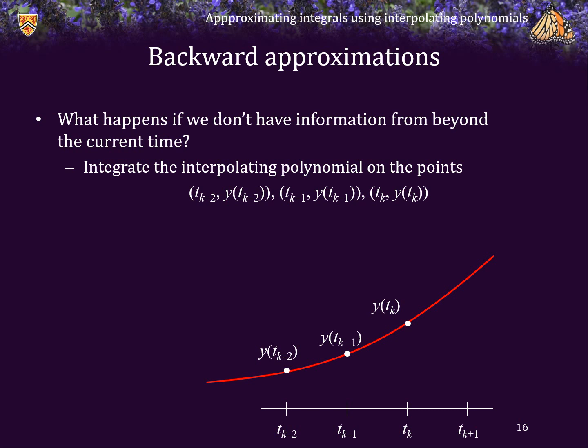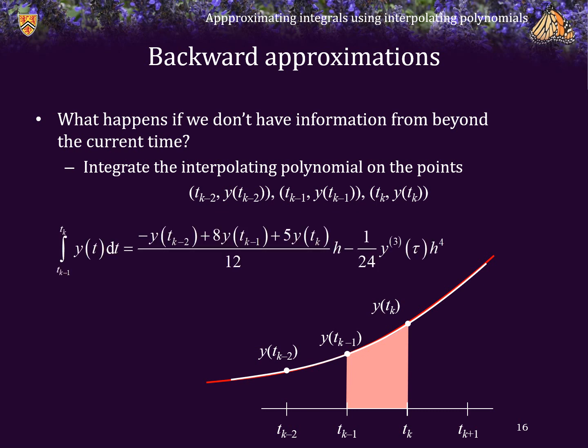So we have 3 points here. We find an interpolating quadratic that passes through those 3 points, but we integrate that interpolating quadratic over the last interval. If we do that, we're not calculating Simpson's rule, but we're calculating Simpson's rule evaluated only on half of the interval.